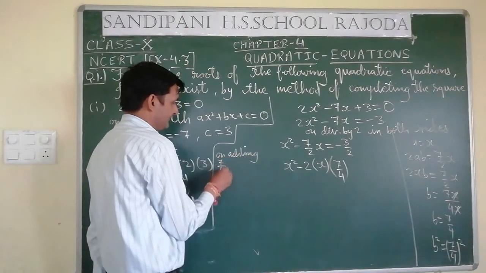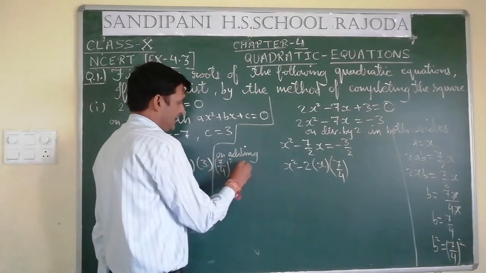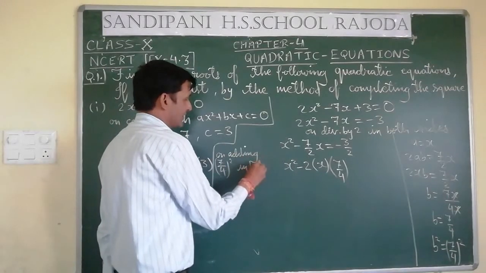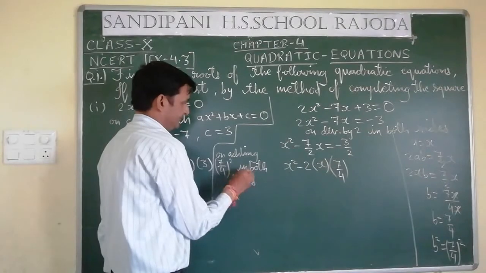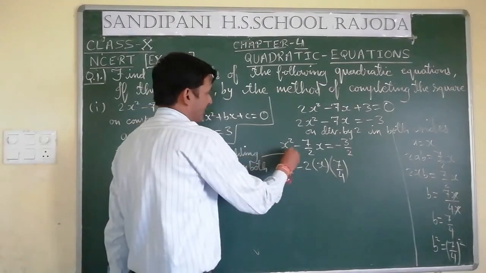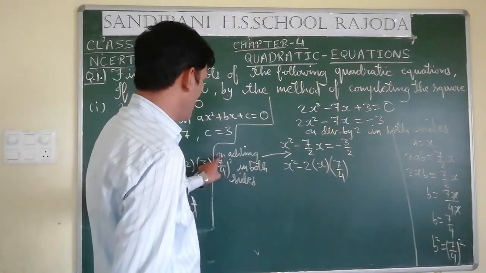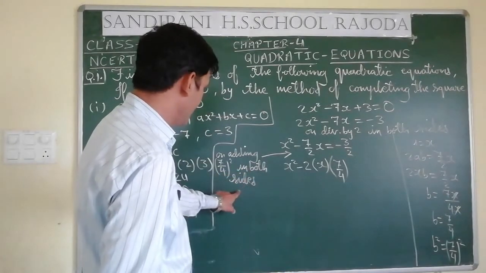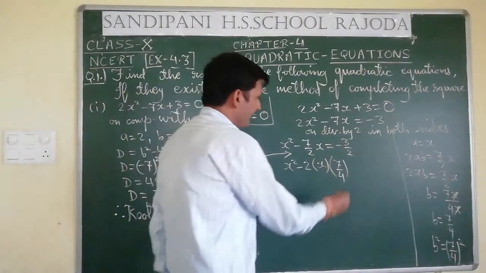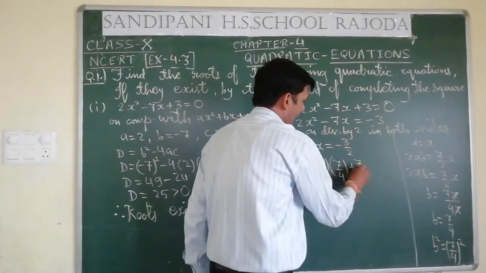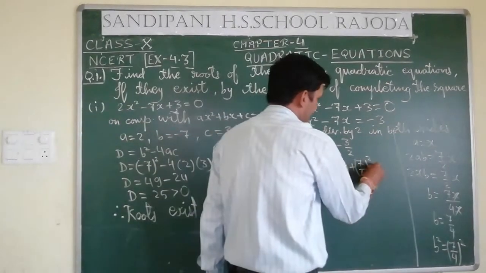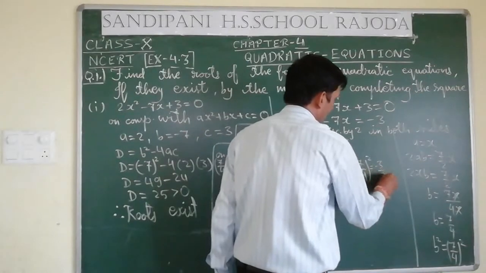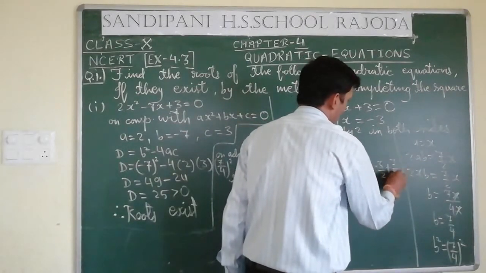On adding (7/4) square in both sides, this will become (7/4) square in LHS, and here it is minus 3/2 plus (7/4) square.